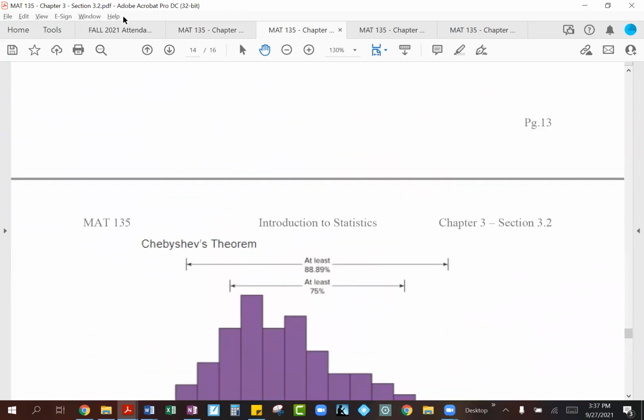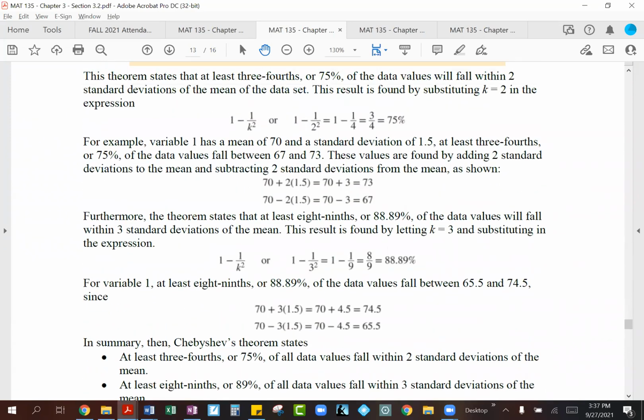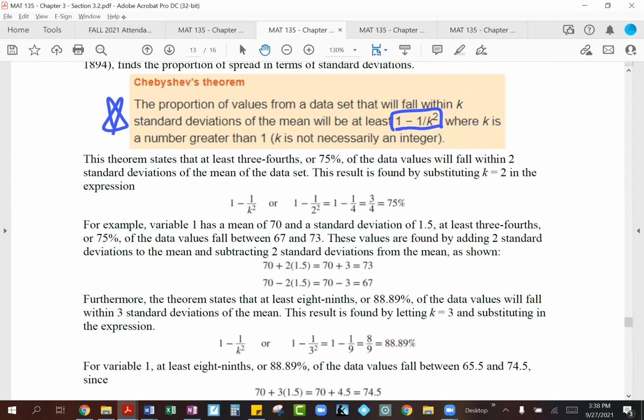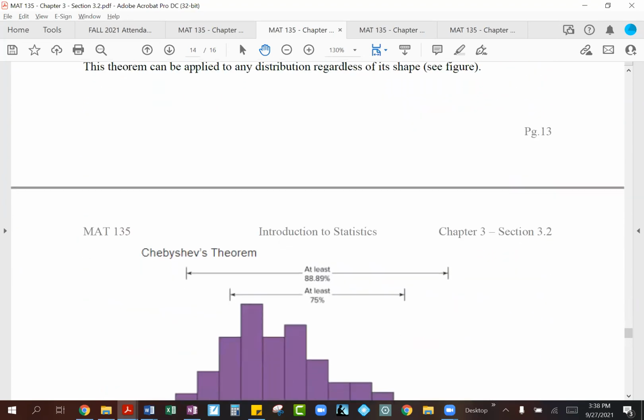And that is when you have to use Chebyshev's theorem to come up with the calculations. So you have to use, I guess I want to call it a formula, 1 minus 1 over k squared, to figure out what kind of percentage you are looking at.